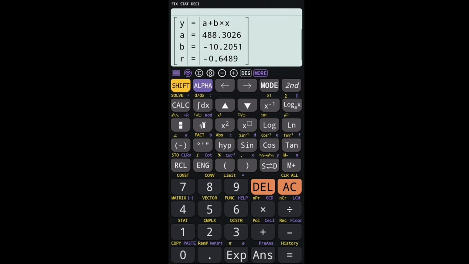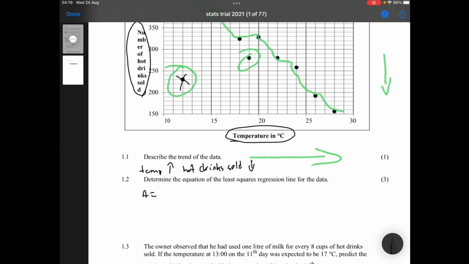And then after you've done that, you can press AC again, press Shift, press 1 again, press regression, and then press the number that has B, and B is also minus 10.2051. Now we have A equals 488.3, right?